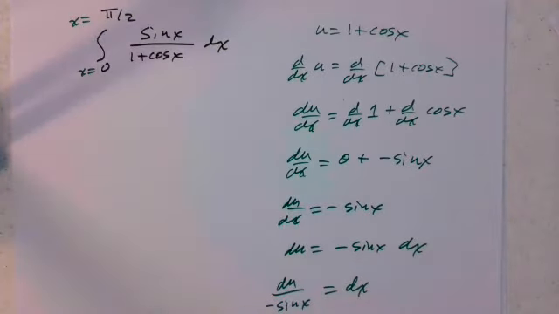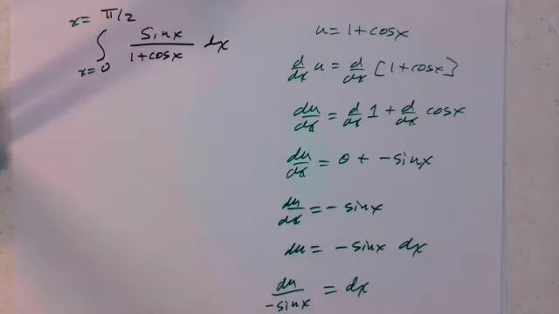And if x is pi over 2, our upper endpoint, u is 1 plus cosine pi over 2. Cosine of pi over 2 is 0, so u is 1. So the bottom endpoint is 2, the upper endpoint is 1.